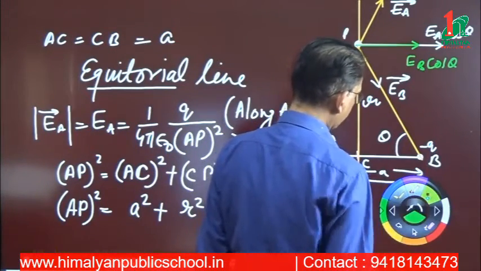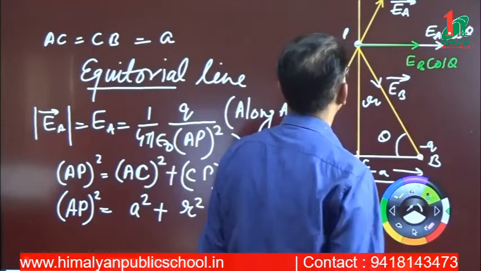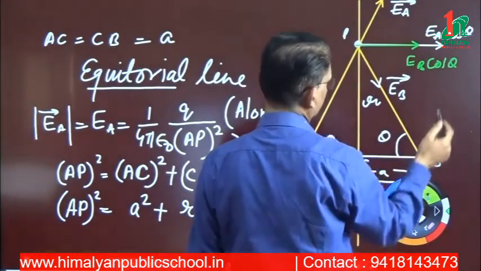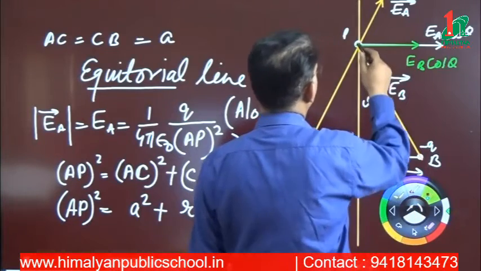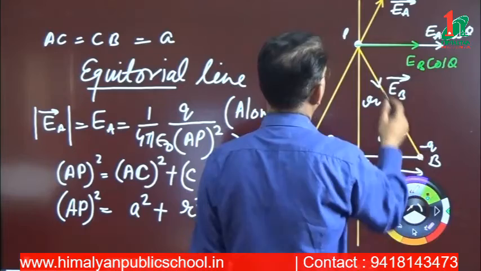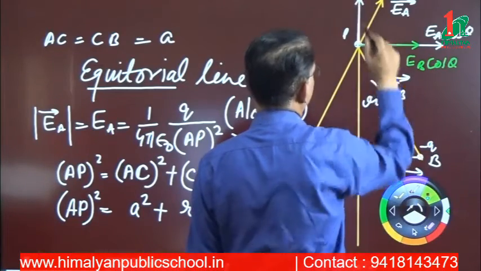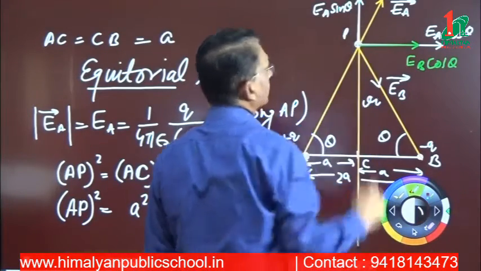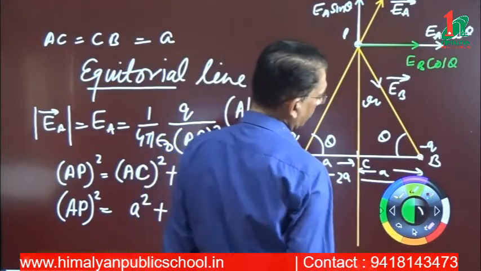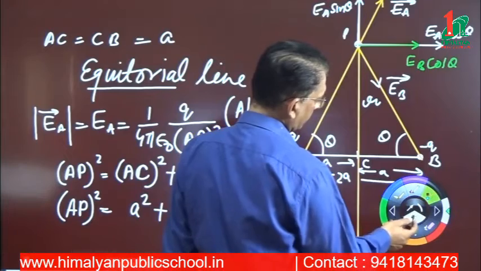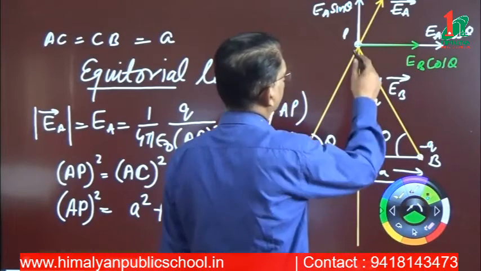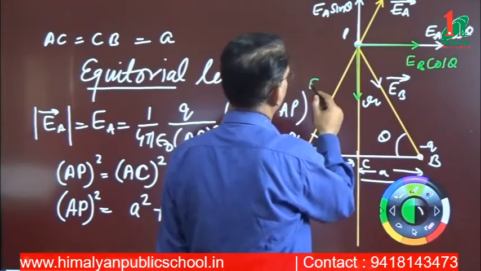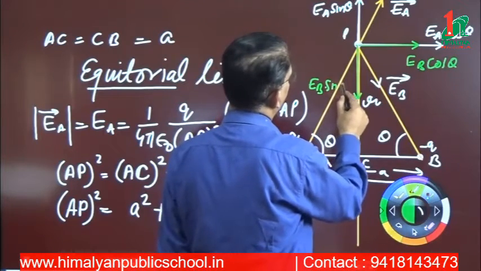Now their vertical components. The vertical component of EA is EA sin theta, and the vertical component of EB will be towards downward, and it will be EB sin theta.